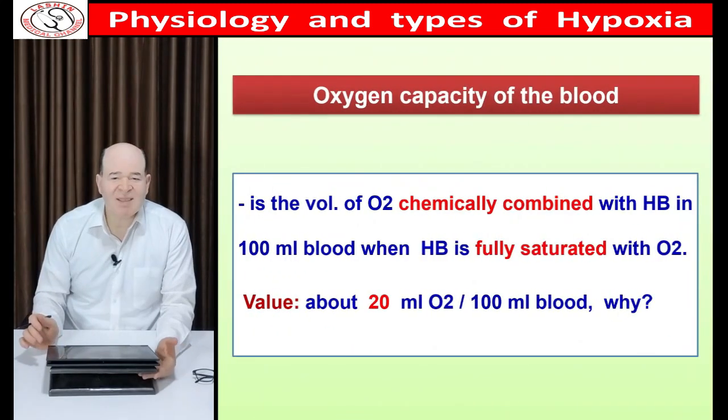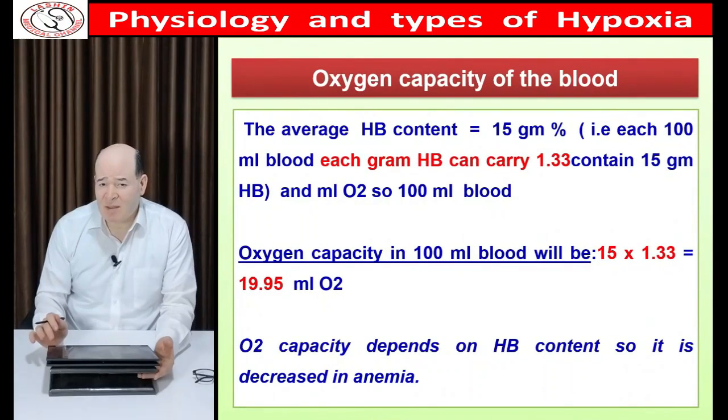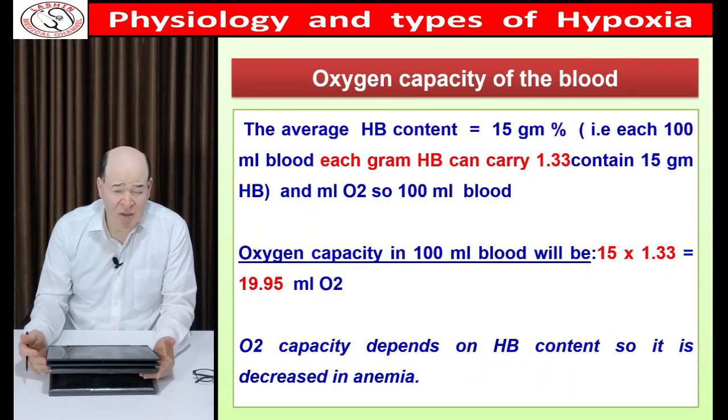When there is a reduction in hemoglobin or in the oxygen tension, you can expect that the oxygen content is little. Oxygen capacity. Oxygen capacity is the volume of oxygen that is carried in 100 milliliters of blood in chemical combination with hemoglobin when hemoglobin is fully saturated. Why is the value 20 milliliters of oxygen? Under normal conditions, we have 15 grams of hemoglobin.